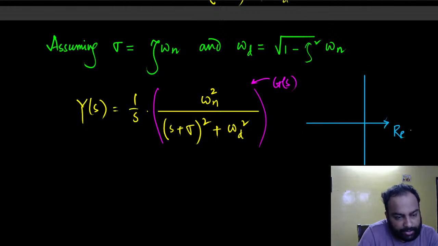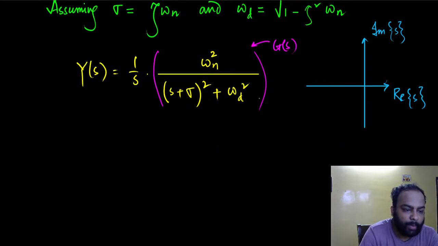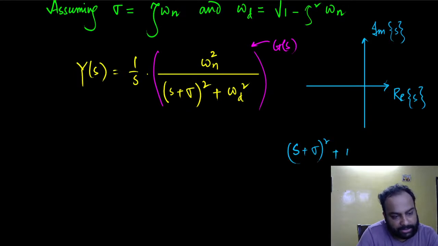Now, of course, this is the real part of s, and this is the imaginary part of s. If you take the denominator as a polynomial, we have (s plus sigma) whole squared plus omega_d squared equal to 0.